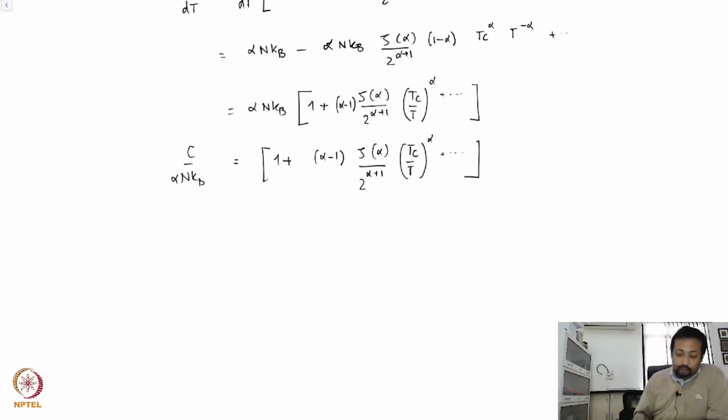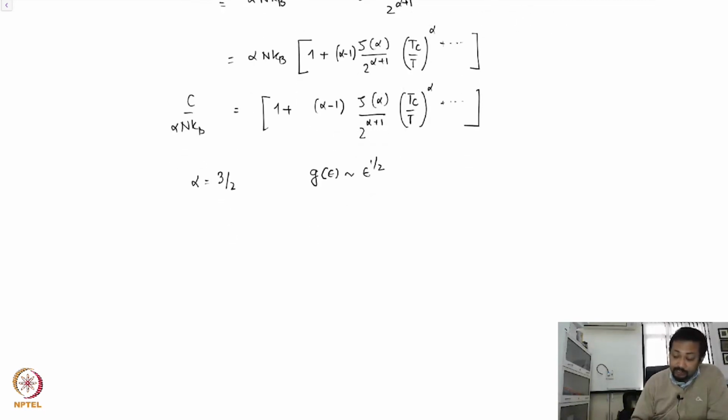Now, good. So when alpha is equal to 3/2, so that your G epsilon goes as epsilon to the power half, this is the case for an ideal Bose gas without any confinement. Then we see that C over 3/2 n k_B, this is the classic Dulong-Petit law, is going to be, well, you can take the alpha here, then the left hand side is not so ugly looking an expression.